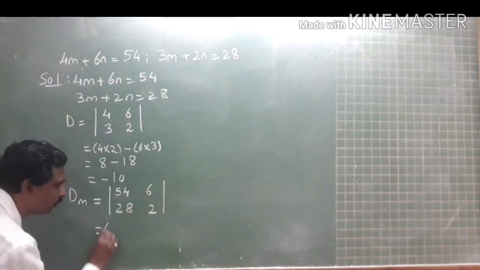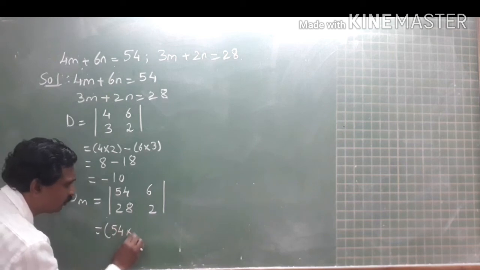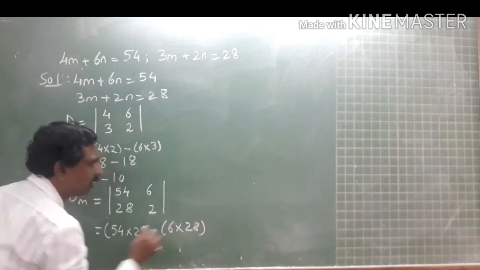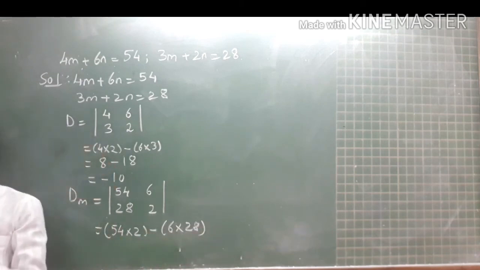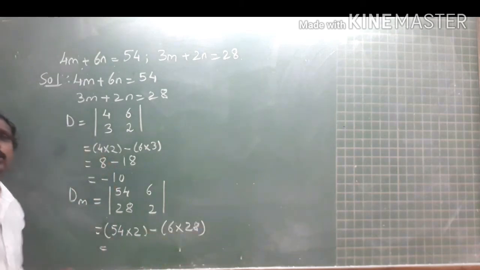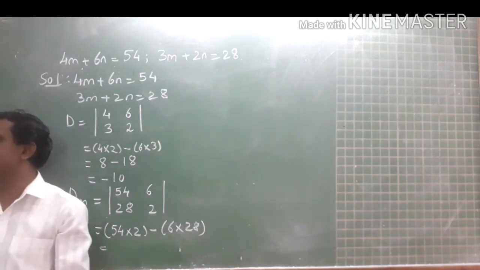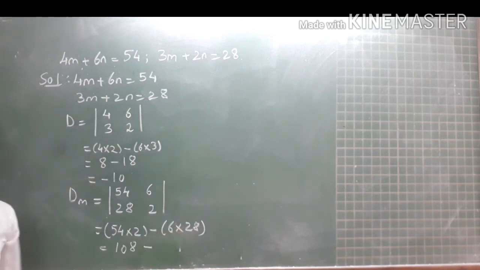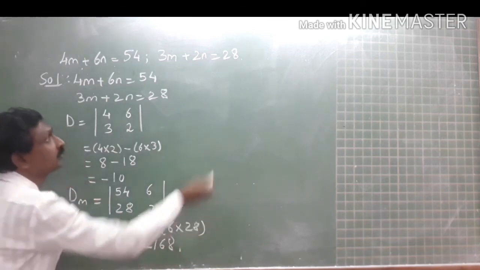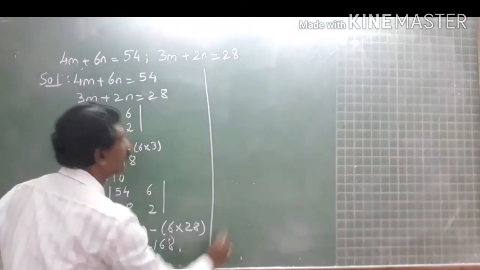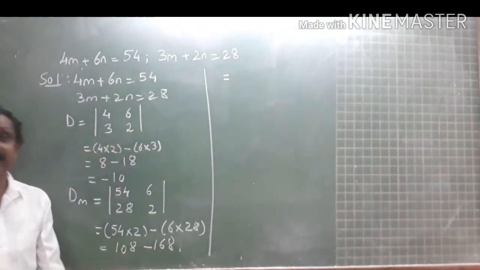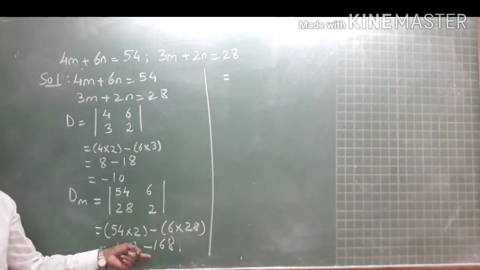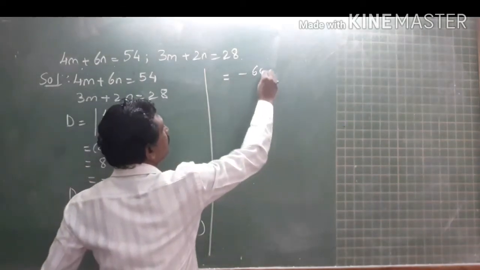This is equal to 54 into 2 minus 6 multiplied by 28. Now very carefully see over here. 54 into 2 gives me how much? 108 minus 168, which is equal to, now 108 minus 168, you will be getting a negative value, minus 60.